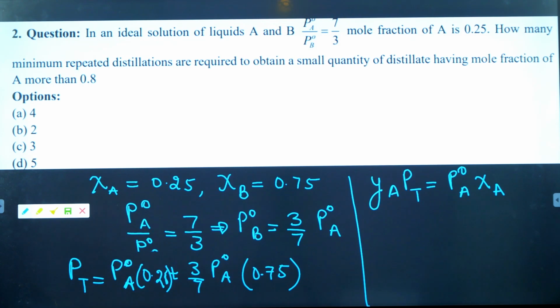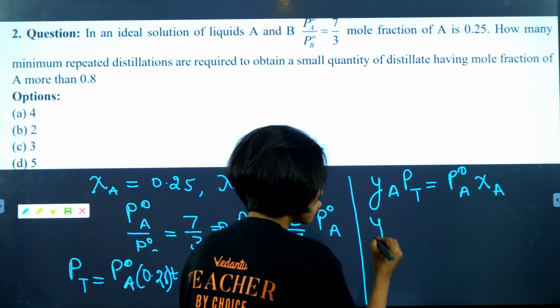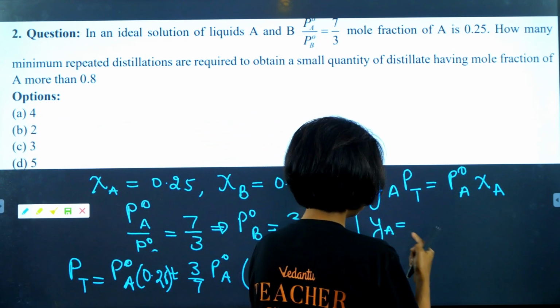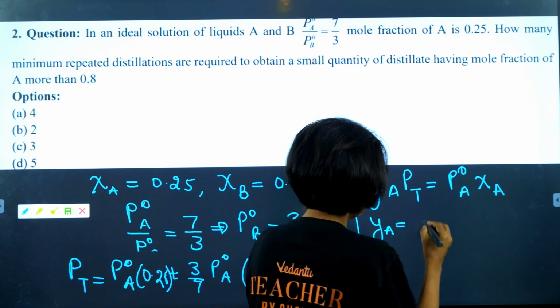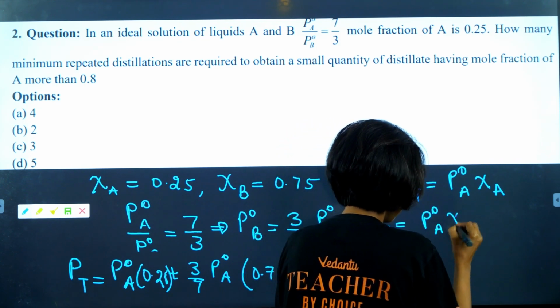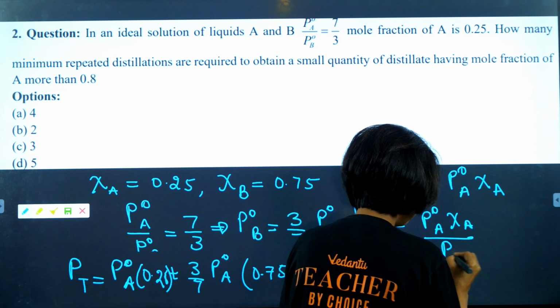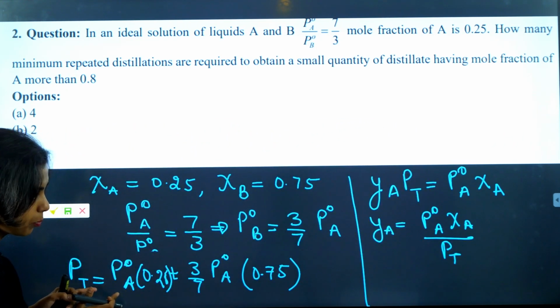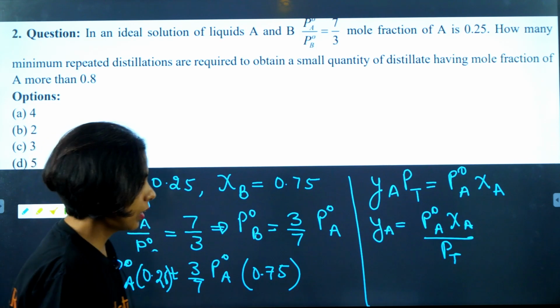So I hope this is pretty clear to all of you, right? Yes, so we can rearrange and calculate YA here. What is the mole fraction of A in the vapors? When we do distillation, YA is equal to P naught A XA upon P total. We just got the expression for P total in terms of P naught A, so we can put it here.